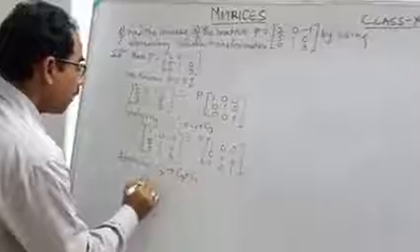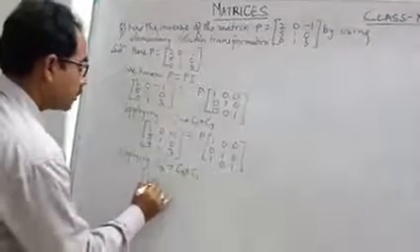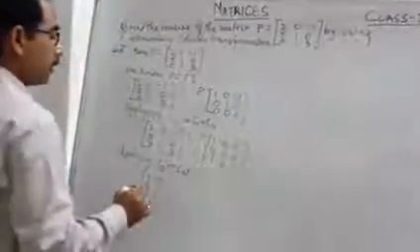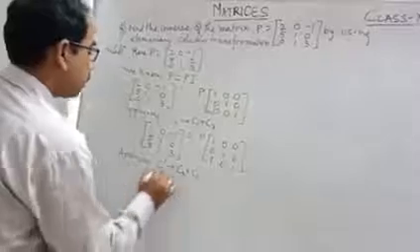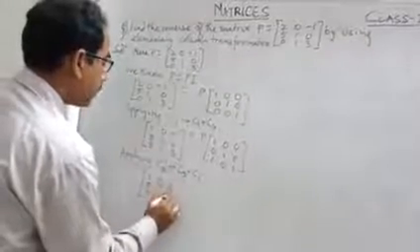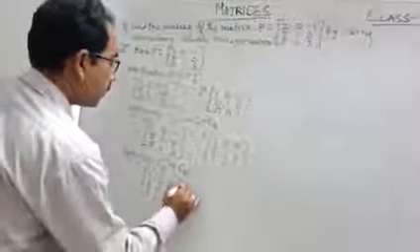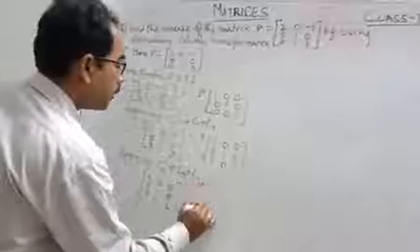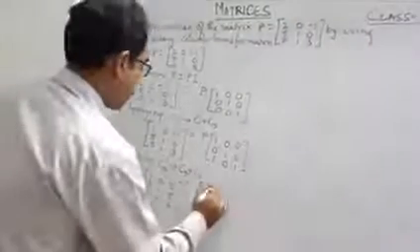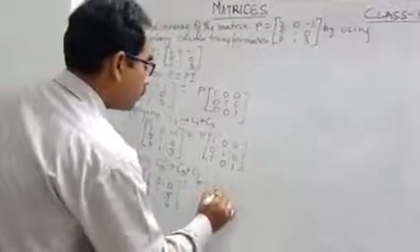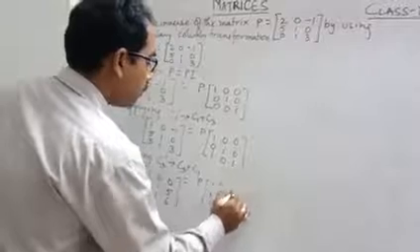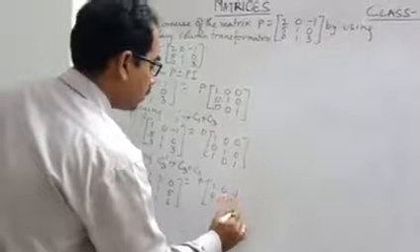So 1, 5, 3, 0, 1, 1. This one will be 0, this one will be 5, this one will be 6. That is equal to P, 1, 0, 1, 0, 1, 0, here 1, here 0, here 2.